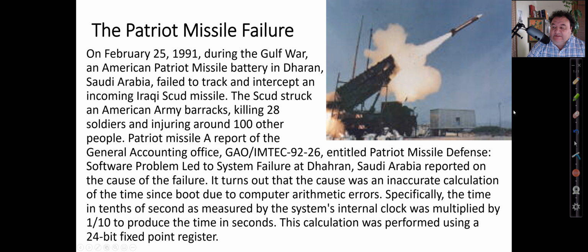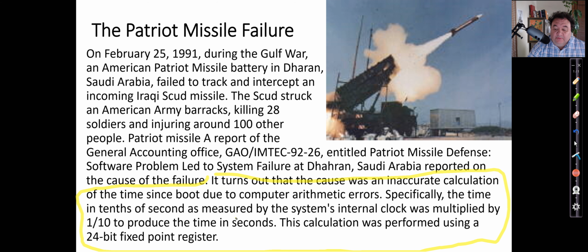In particular, this is a real example that happened during certain military operations: the Patriot missile launching system was computing targets in a certain way, and just a precision issue created a problem that ended up having really catastrophic consequences.